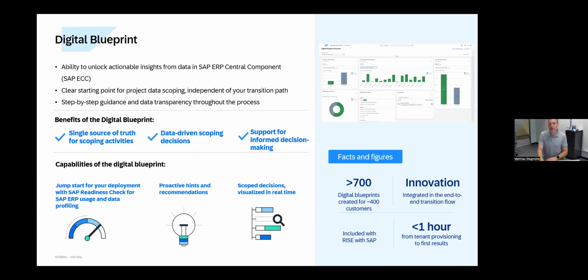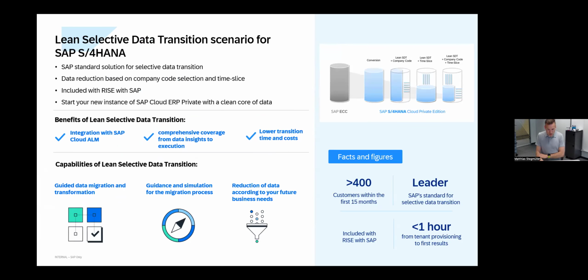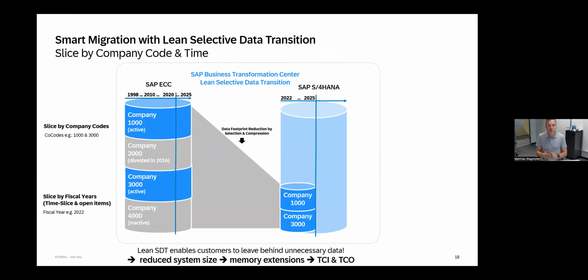Then this is the short intro to the digital blueprint, and this is something I will also show in a second in the tool itself, where I think it's much better. But maybe here one short intro, and I think Mukesh also said it at the beginning, was the time slice feature that we have with the Lean SCT, and this is one of the examples I would like to show you.